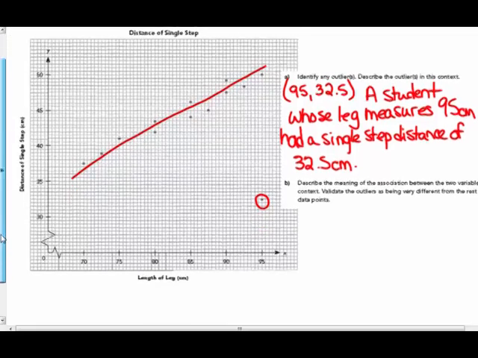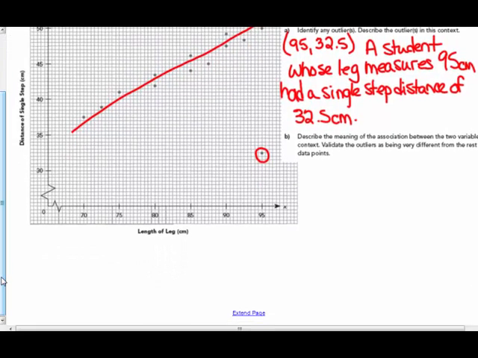Okay, so it's going to take a little bit to answer these. The meaning of the association, and I already said it, is a strong, positive, and linear association.